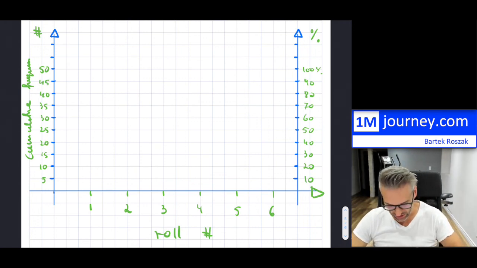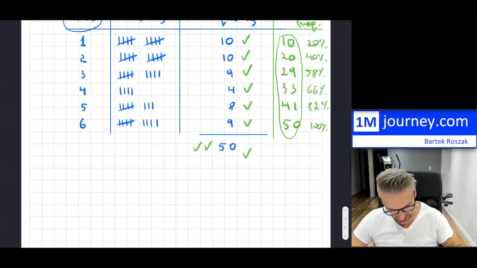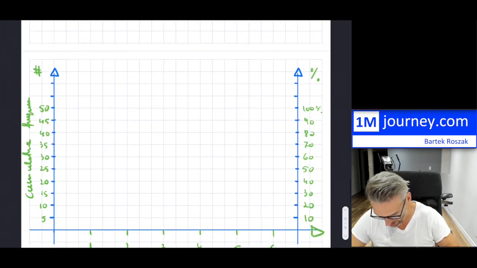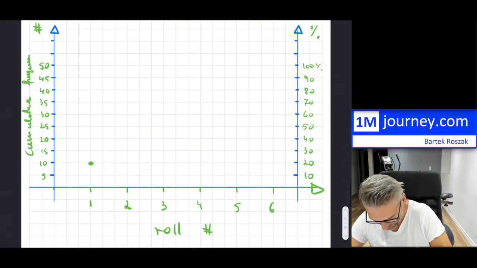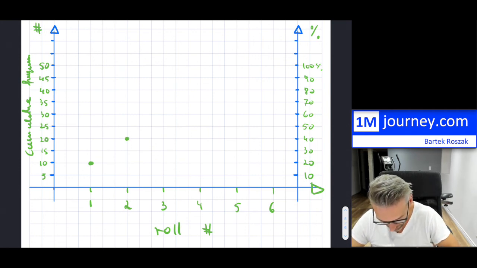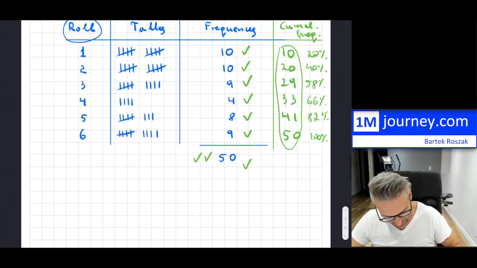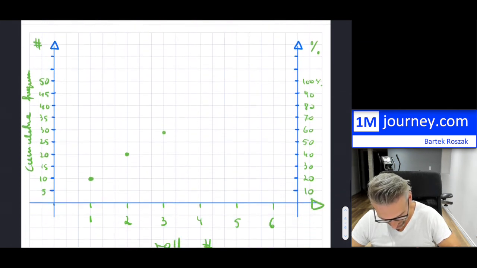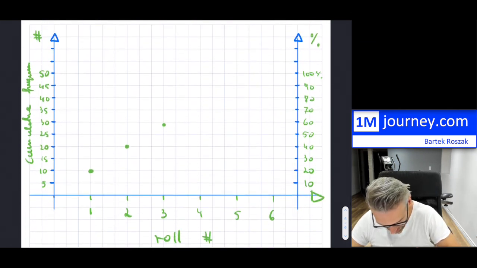And now you would simply take this. So we started off, that's going to be 10, 20, 29. So this is 10. Then it's 20. Then it's 29. So it's going to be just below that 30. 33, 41, and 50. So 33, just a little bit above 33.